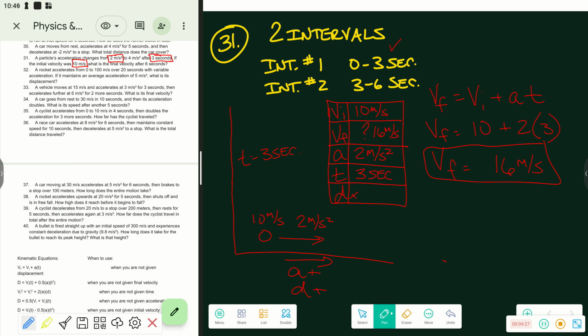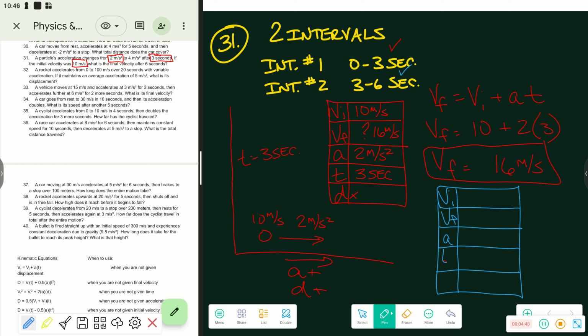Interval 2 is, what's your time? What's your time for interval 2? 3 seconds. So VI, VF, A, T, D. Do you have to write another chart?